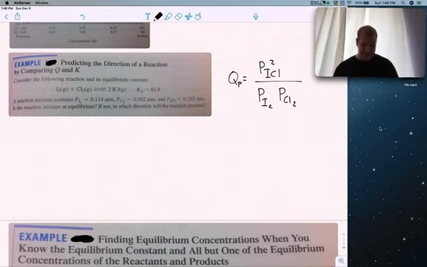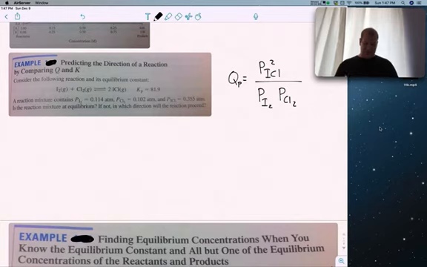Consider the following reaction and equilibrium constant: I2 plus Cl2 makes 2 ICl. The Kp is 81.9. The reaction mixture has 0.114 atmospheres of iodine, 0.102 atmospheres of chlorine, and 0.355 atmospheres of ICl.